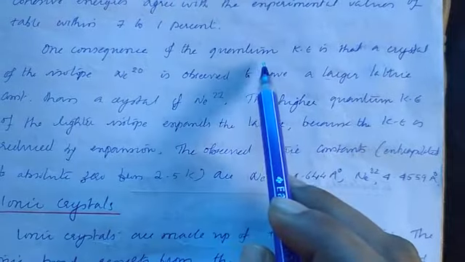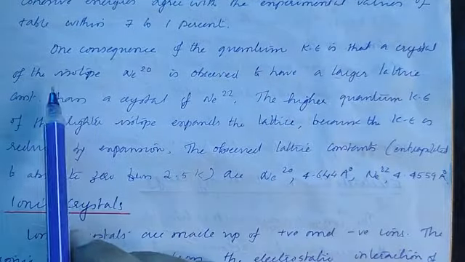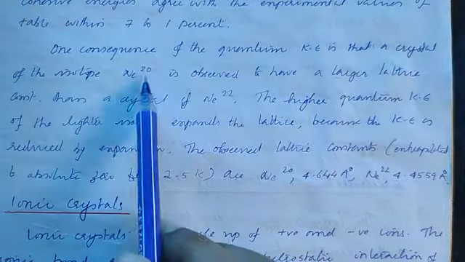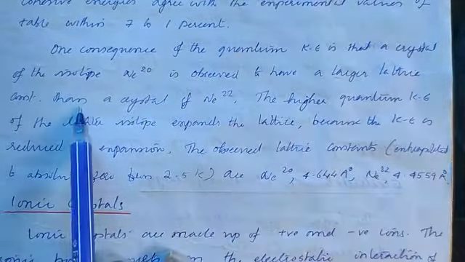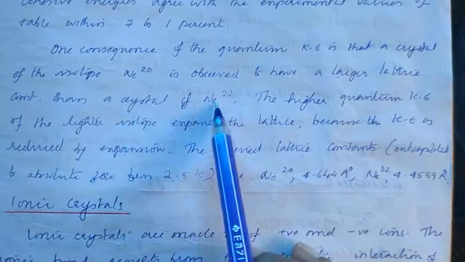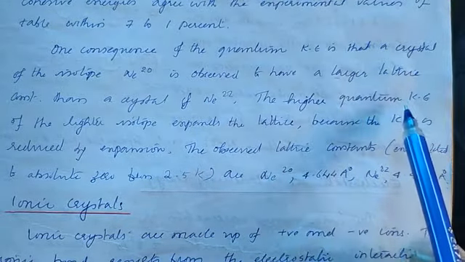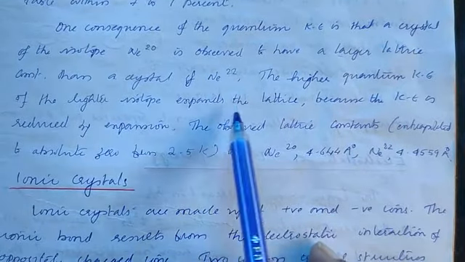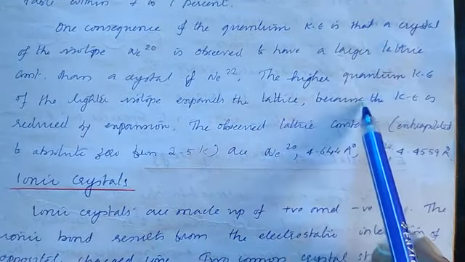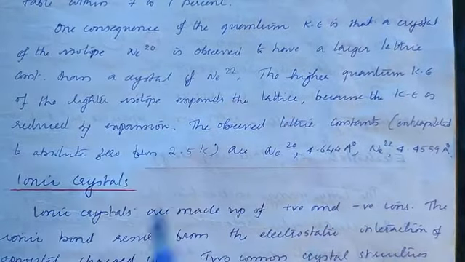One consequence of the quantum kinetic energy is that a crystal of the isotope neon 20 is observed to have a larger lattice constant than a crystal of neon 22. The higher quantum kinetic energy of the lighter isotope expands the lattice, because the kinetic energy is reduced by expansion.